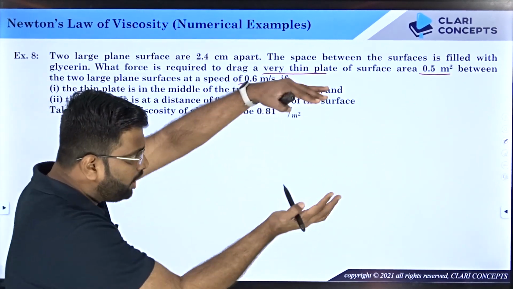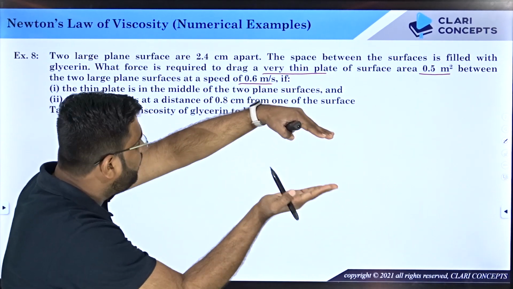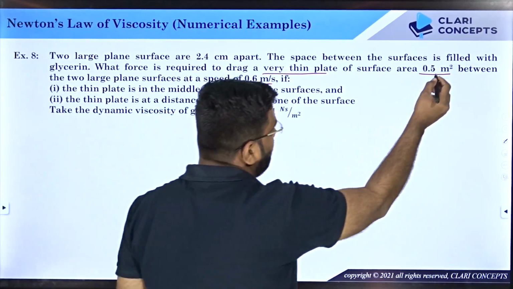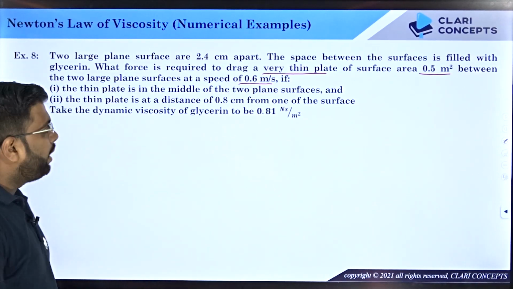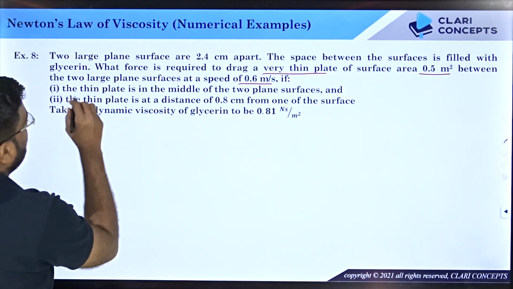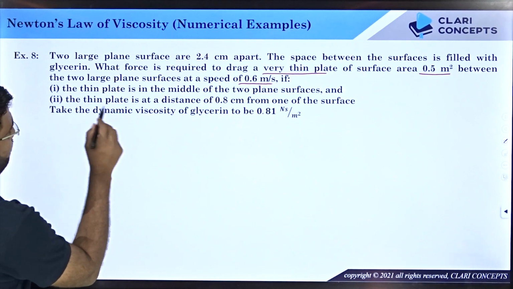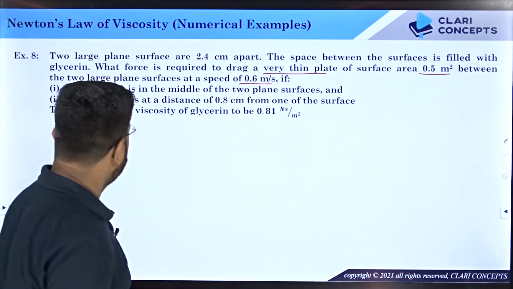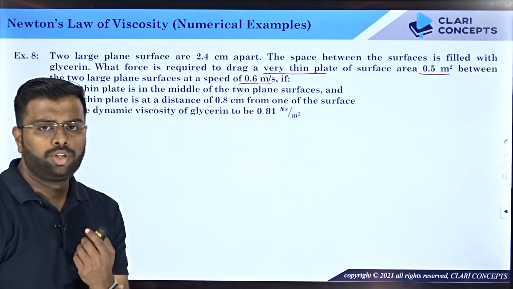The glycerin fills the space, and the thin plate, with an area of 0.5 meters square, has to be dragged at 0.6 meter per second. In the first case, the thin plate is in the middle of the two plane surfaces, and in the second case, the thin plate is at a distance of 0.8 centimeter from one of the surfaces. You are given the dynamic viscosity of glycerin as 0.81 Newton second per meter square.